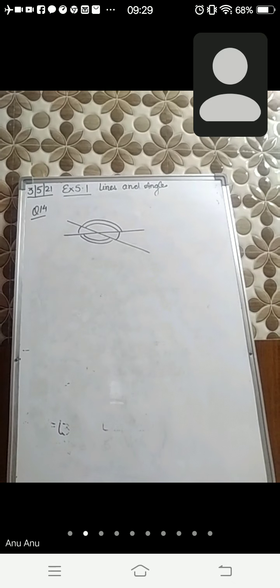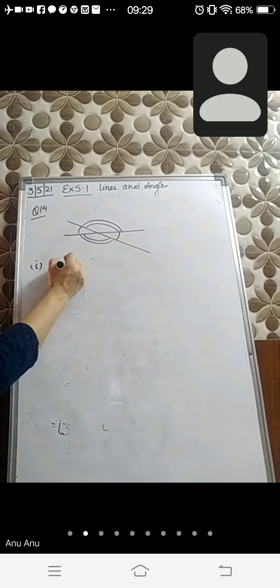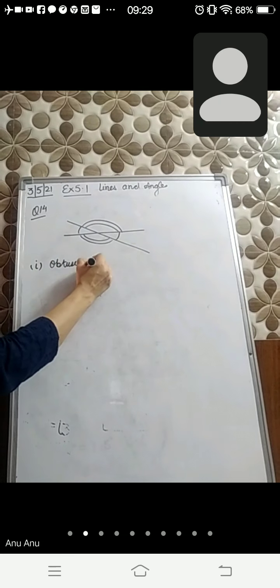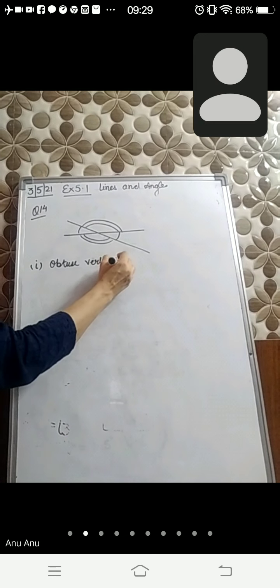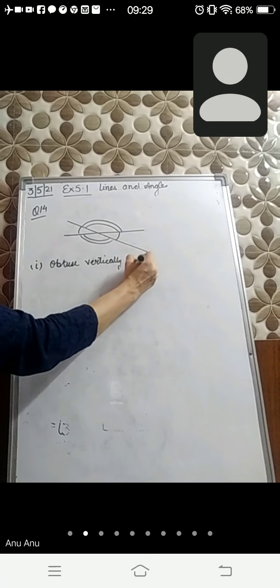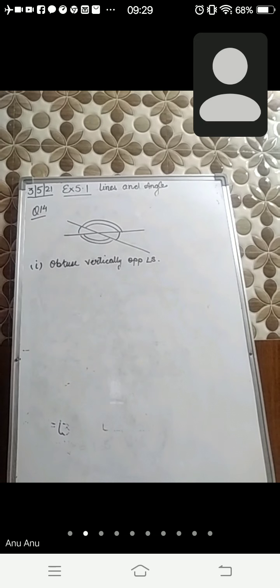Now, I have not completed the figure. In the first part, you have to give the answer of obtuse vertically opposite angles. आपको obtuse angle चाहिए. अभी बताया, this is acute and this one is obtuse.